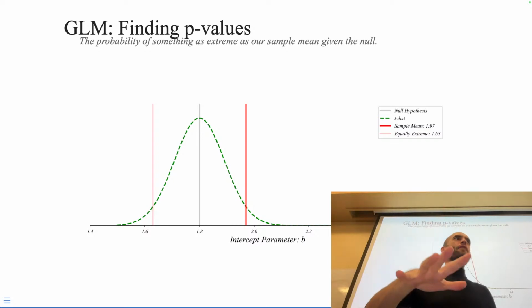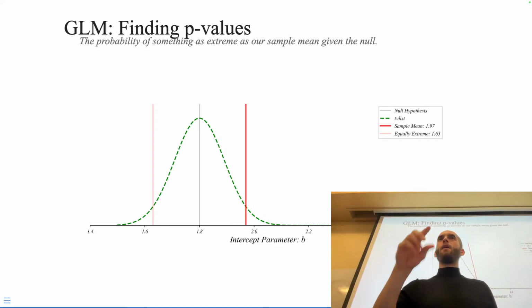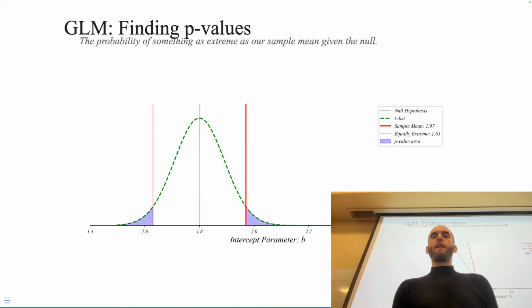So this is just the very simplest statistical model. But the core idea is we can test the probability of seeing a coefficient in the way that we do. So we're testing the coefficient, or the parameter, and we can get p-values.